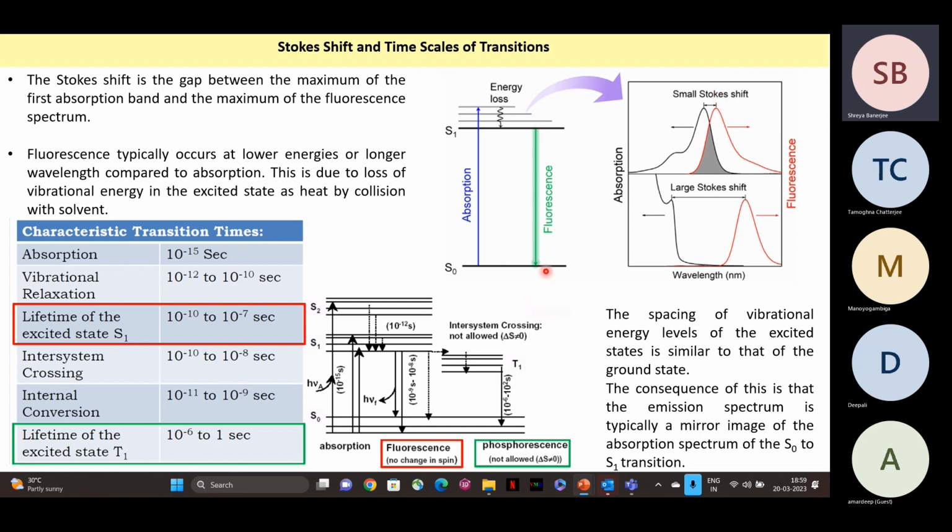The fluorescence peak will have lower energy because a certain amount of energy is lost by these vibrational relaxations, where the transition is occurring from higher vibrational level to lower vibrational level. Now, the difference between the peak of absorption and fluorescence is called the Stokes shift. So Stokes shift is the gap between the maximum of the absorption band and the fluorescence band.